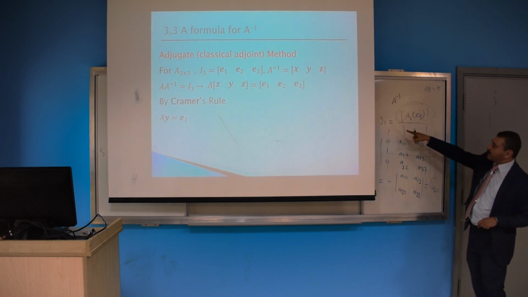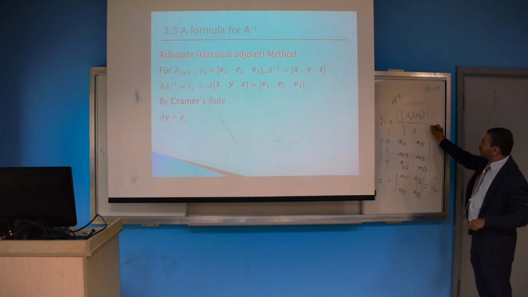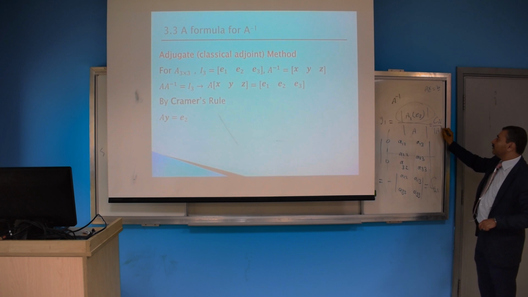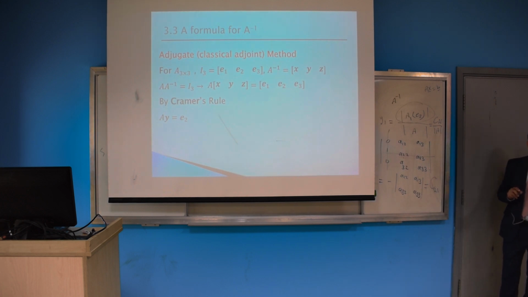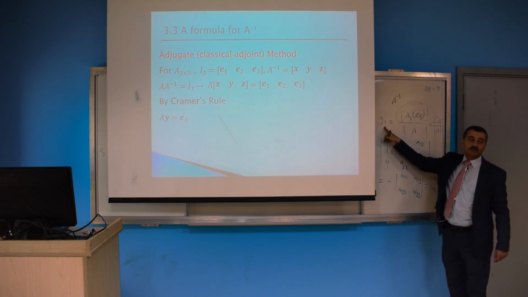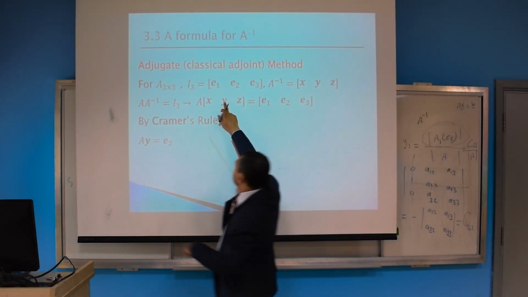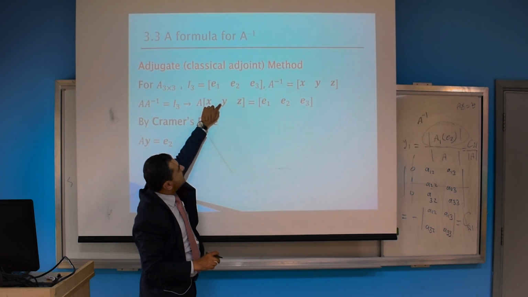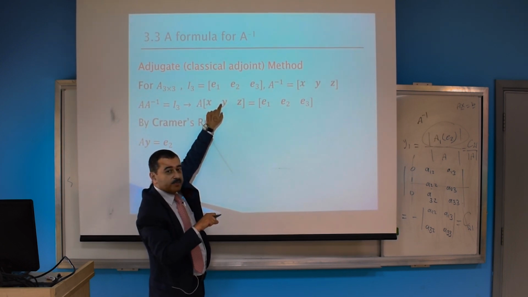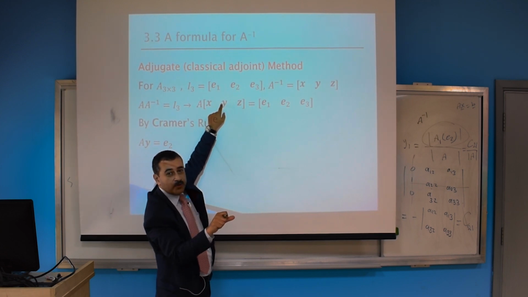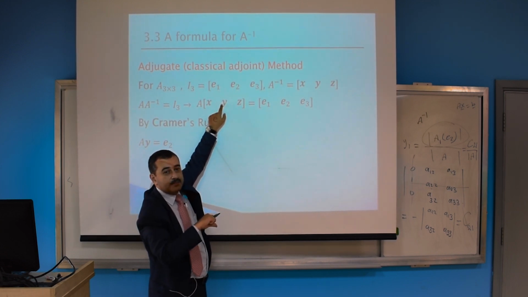So we ended up with Y1 equal to C21 divided by determinant of A. What is the location of Y1 in the inverse of A? Y1 was the first variable in Y, which is the entry at the first row and the second column.